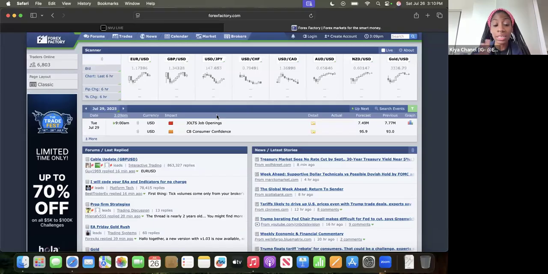It doesn't follow analysis, and it's just too risky as a technical analysis trader. If you're a fundamental trader, that means you trade off of what the news does. However, I don't. We have an analysis, we have a scanner, we have technology that is letting us know when to get into the market and when to get out.